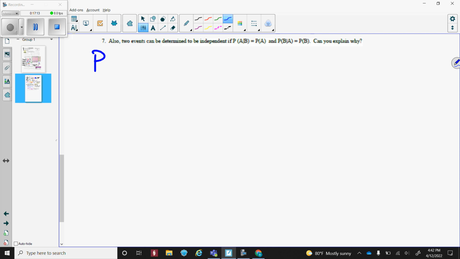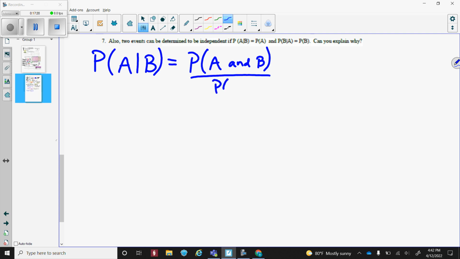We have the probability of A given B is equal to the probability of A and B divided by the probability of B. Now, if what we're reading here is true, then I can set this whole thing also equal to the probability of A, because we have the probability of A given B is equal to the probability of A. Let's just try to get that probability of A and B by itself.